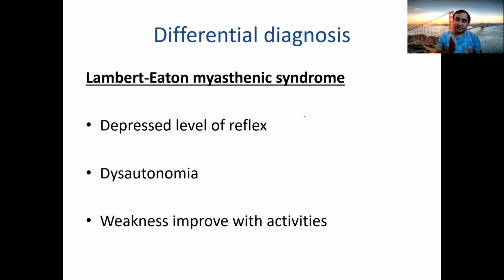There is a depressed level of reflexes, which is generally not present in myasthenia gravis, and there can also be autonomic dysfunction. We usually get LEMS as a paraneoplastic feature of different carcinomas, especially lung cancer. It is one of the closest diseases to myasthenia gravis.